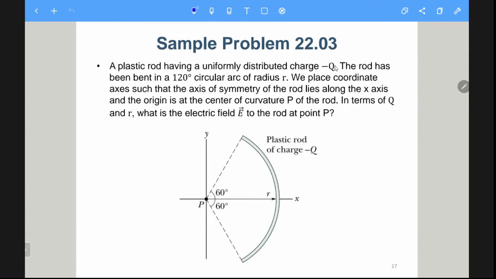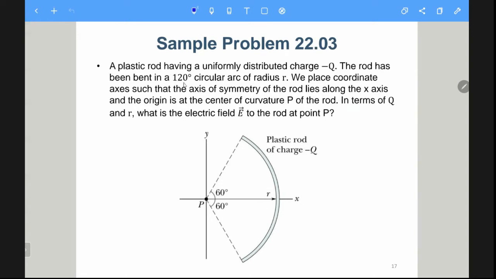The rod has been bent into a 120 degree circular arc of radius r. So this is radius r, and we place the coordinate axis such that the axis of symmetry of the rod lies along the x-axis.